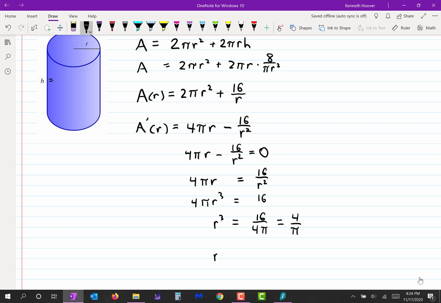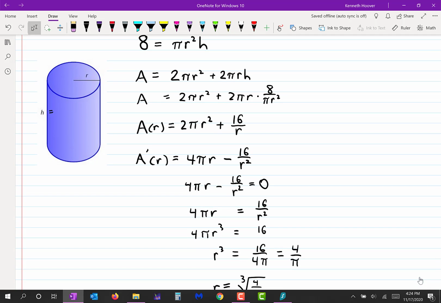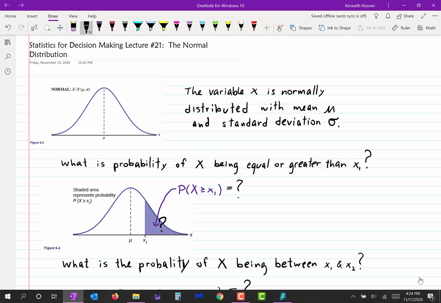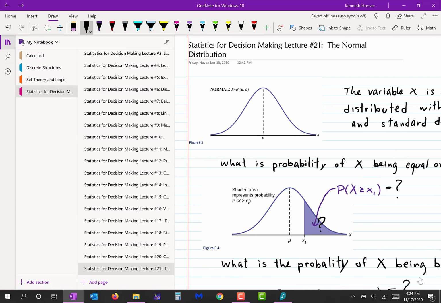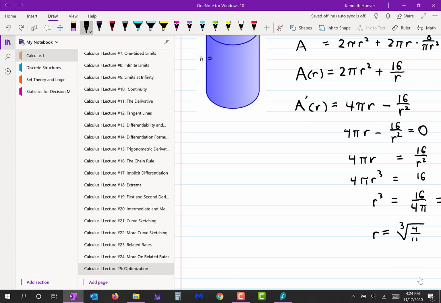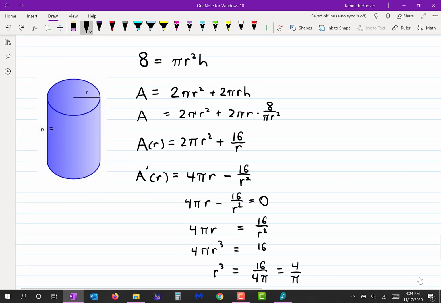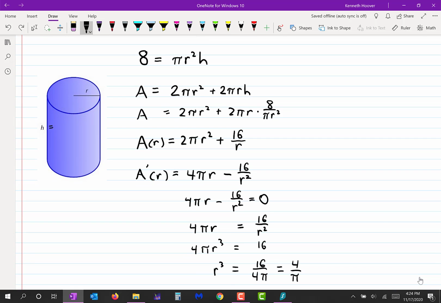And so now we finally have r. r is the cube root of 4 over pi. Okay, there's your radius. Hold on a second. Okay, there's our radius, the cube root of 4 over pi.